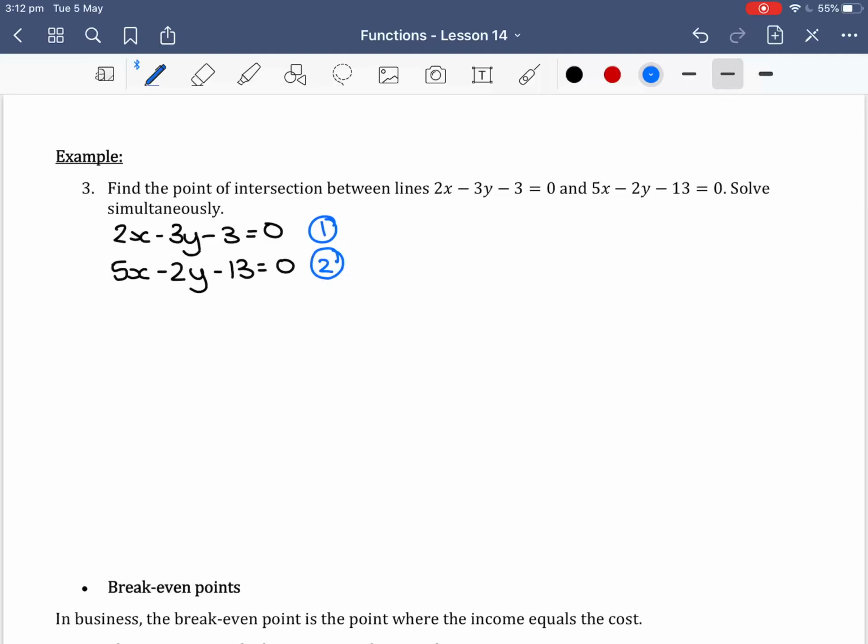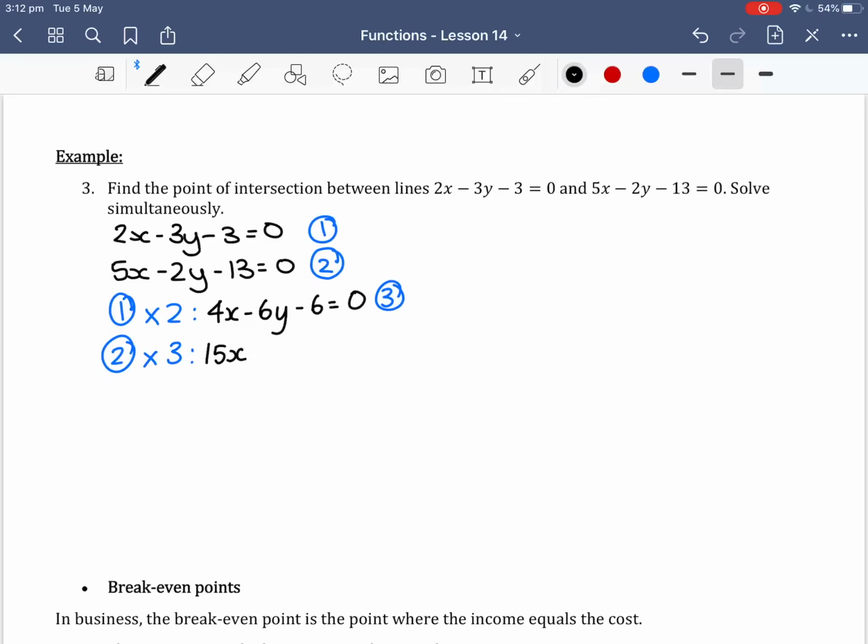And so to solve these simultaneously, what we're going to do is multiply equation 1 by 2. And when we do this, we get 4x minus 6y minus 6 equals 0. And we're going to call this equation 3.